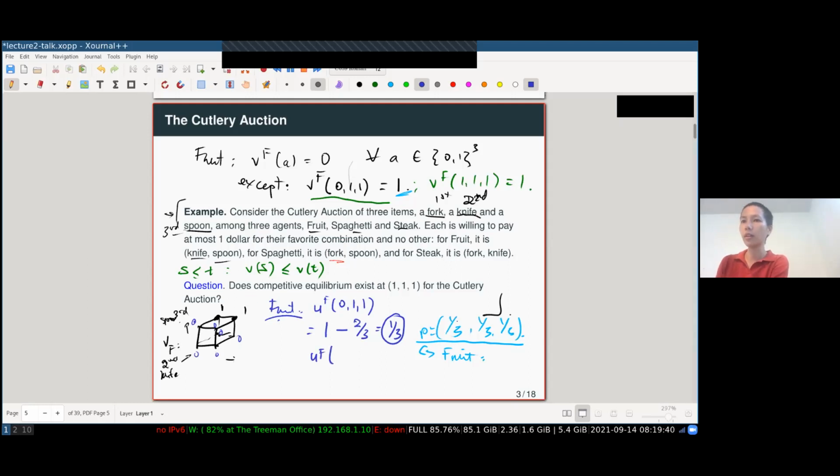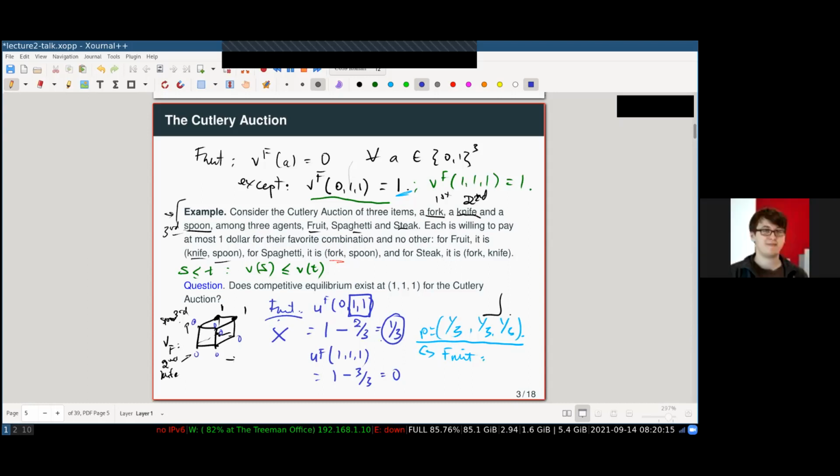If they were to get all three items as you just assigned them, then the utility would be 0. So in this case fruit would be unhappy, because they would have rather that you only give them the knife and the spoon. They don't want the fork, and you're charging them 1/3 for the fork, so they're unhappy. So this would not be a competitive equilibrium.